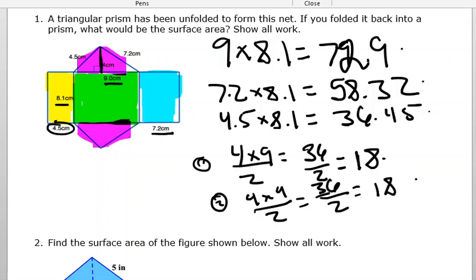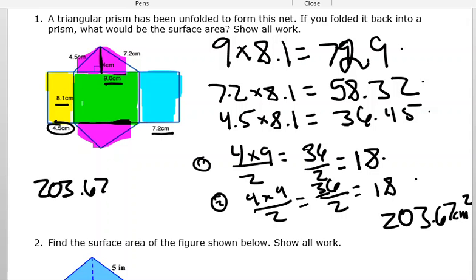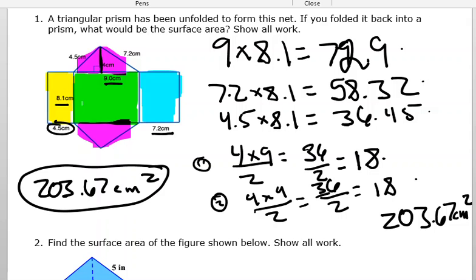I have 72.9 plus 58.9 plus 58.32 plus 36.45 plus 18 plus 18, and I have 203.67 centimeters squared as the surface area of this unfolded triangular prism.